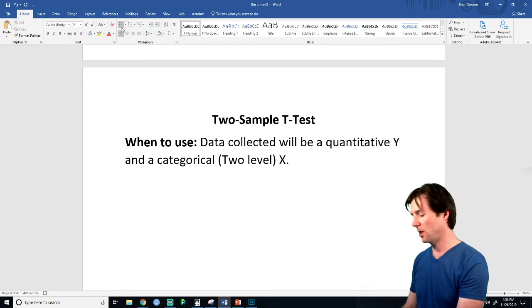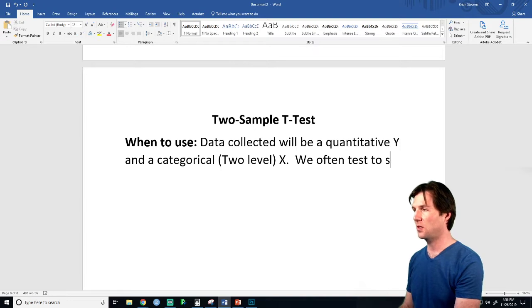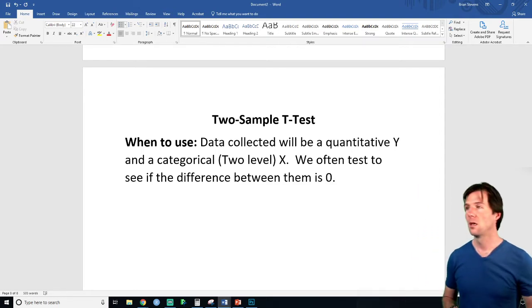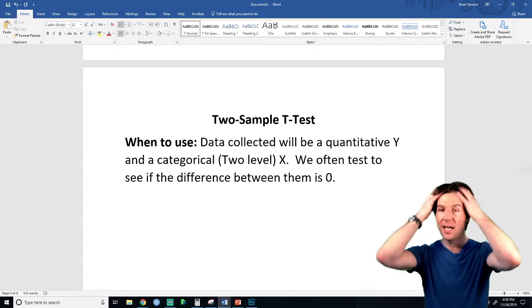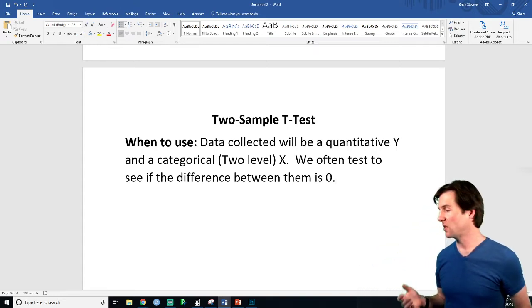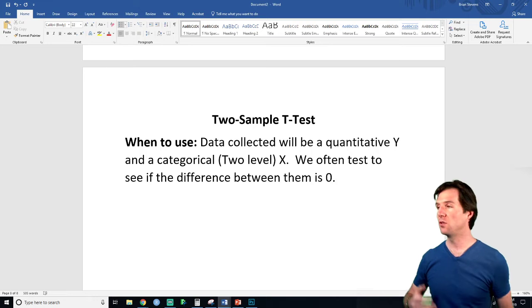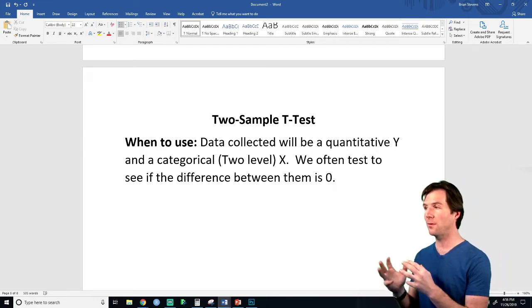I think that's basically it. We often test to see if the difference between them is 0. Okay. So what do we have going on right here? What does this all mean? A quantitative y. Like we could test the heights of people. We could test the heights of males and females, the heights of juniors versus seniors. We just have to pick 2 levels of the variable.